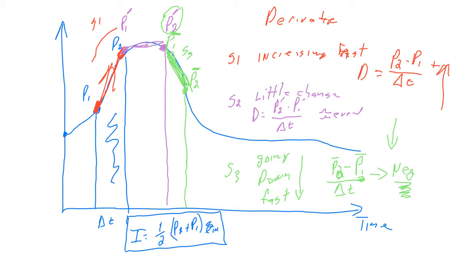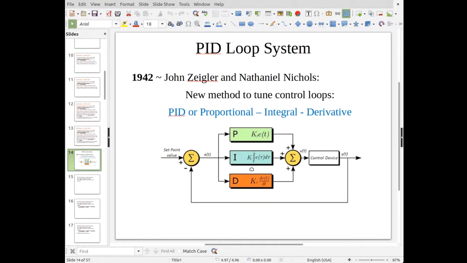A derivative is looking at how fast the system is changing. Anyhow, I just wanted to explain to you the different pieces of the proportional, the derivative, and the integral. Integral or integration, pretty much the exact same thing there.